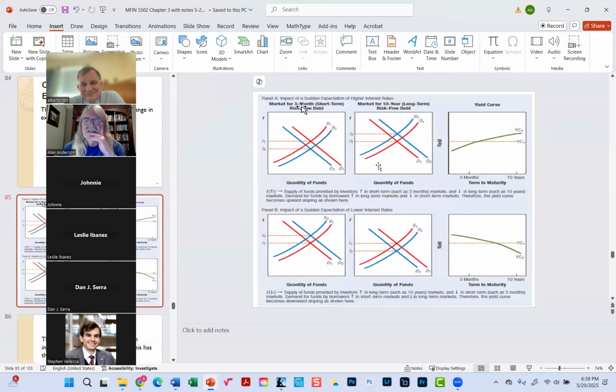Okay. Now here in the book, they've got all these curves that tell us when expectations change. This is the supply and demand explanation for what we were just doing. If we expect higher rates of interest next year, you can see that in the short-term debt market, and they're using 3-month Treasury bills for their example, the supply of funding goes up.